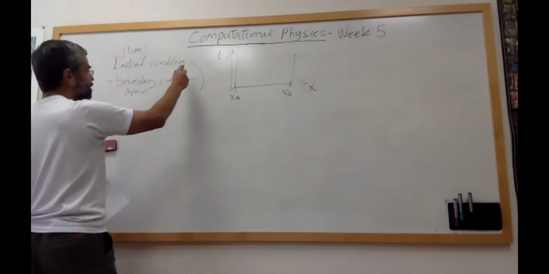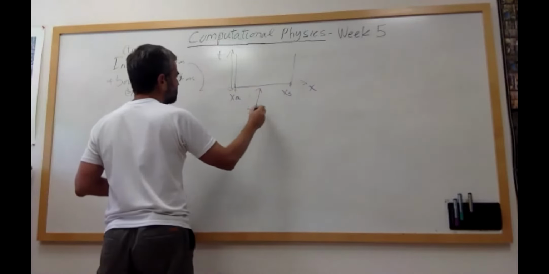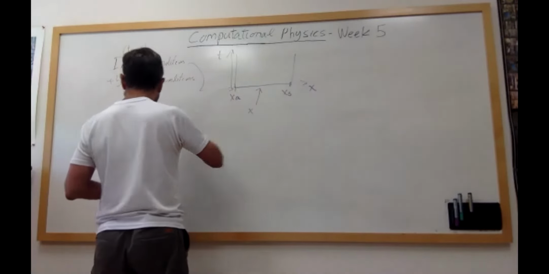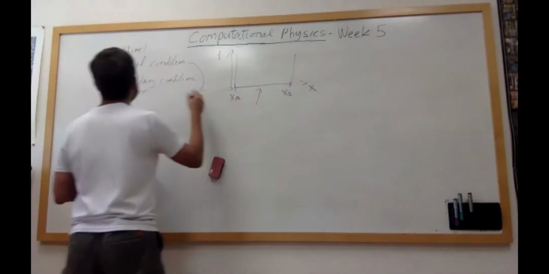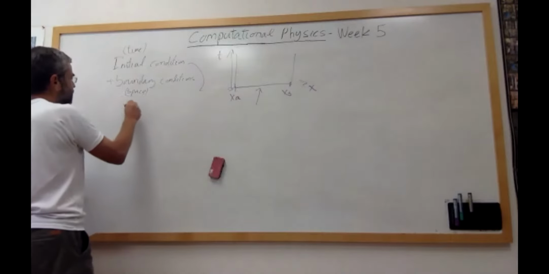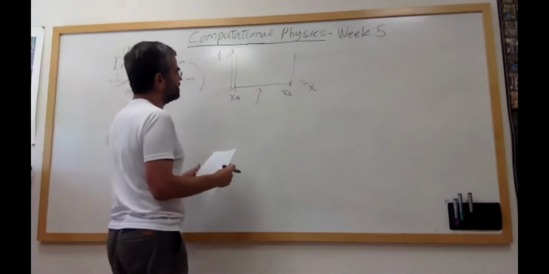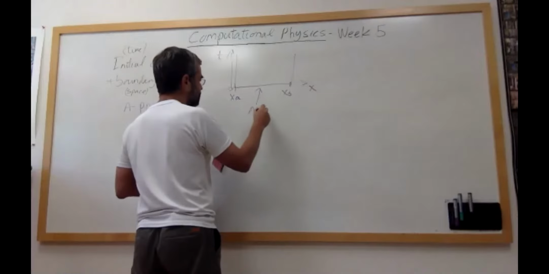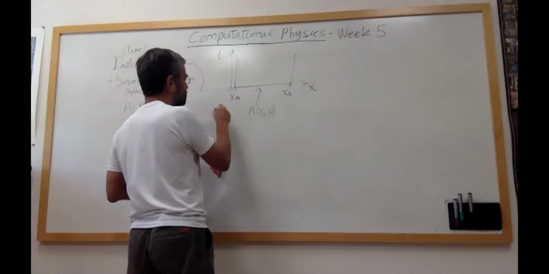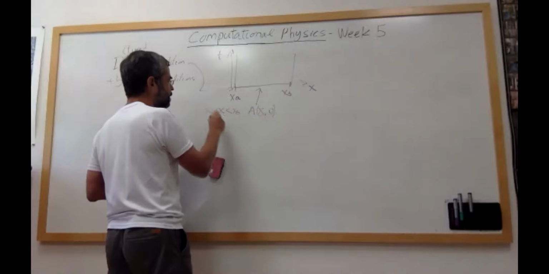So the initial condition would be the function that we are solving for, let's say A. This is the PDE. So this is A as a function of X at t equals 0, for X in the solution region between XA and XB.